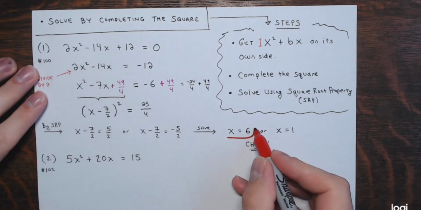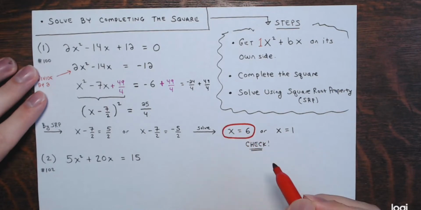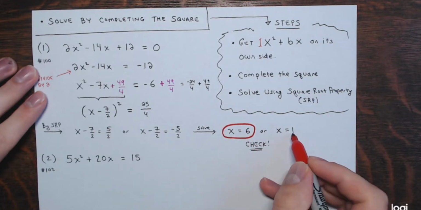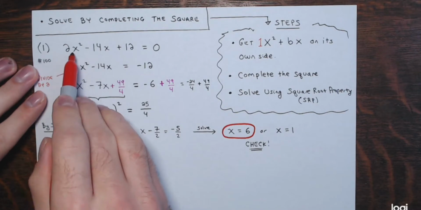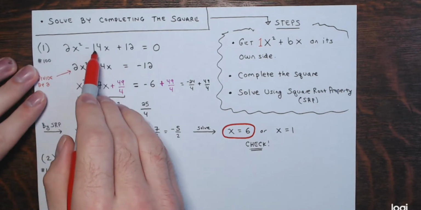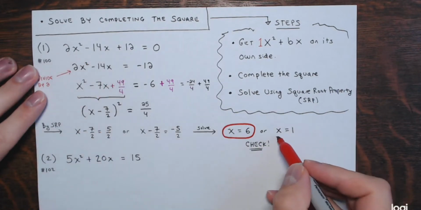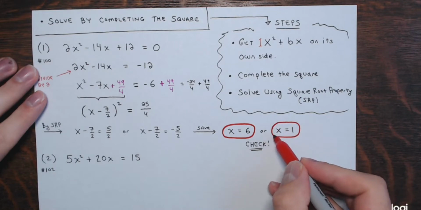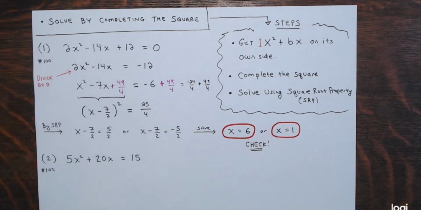So 6 makes it true. 6 does work. And then 1, you basically would just have 2 minus 14 is negative 12, plus 12 is 0. That also works. So the solutions of this equation are positive 6 and positive 1.